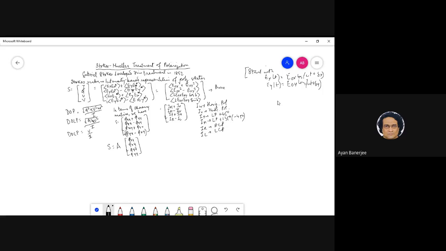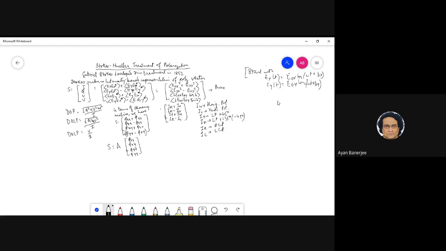Sir, won't e to the power i omega t also work? We can deal with that. Absolutely. I had done it last time with this. You can basically take Ex as E0x e to the i phi, and Ey as E0y e to the i phi plus or minus some delta.